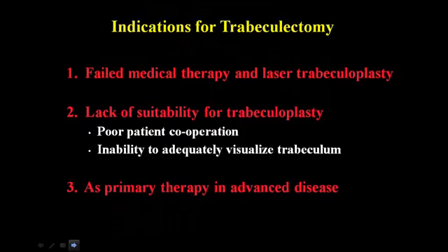The indications for trabeculectomy include failed medical therapy and laser trabeculoplasty, or the lack of suitability for laser trabeculoplasty, like poor patient cooperation or inability to adequately visualize the trabeculum. Then trabeculectomy may be used as a primary therapy in advanced cases which are diagnosed in later stages of the disease.